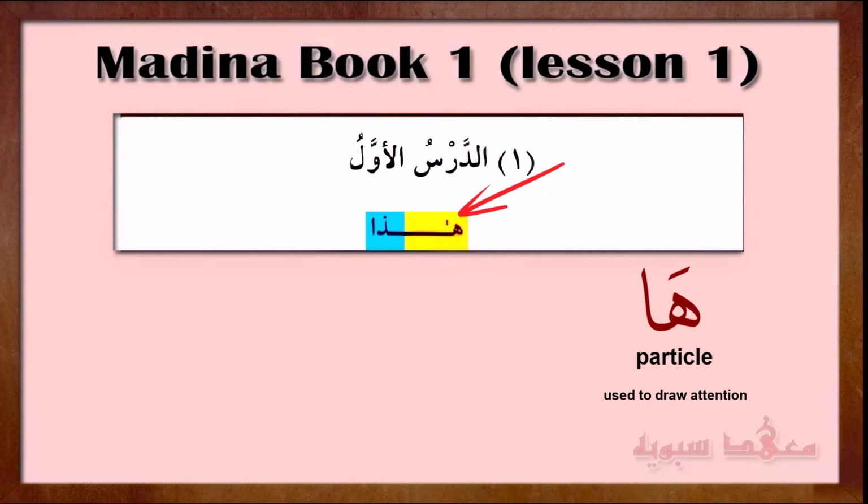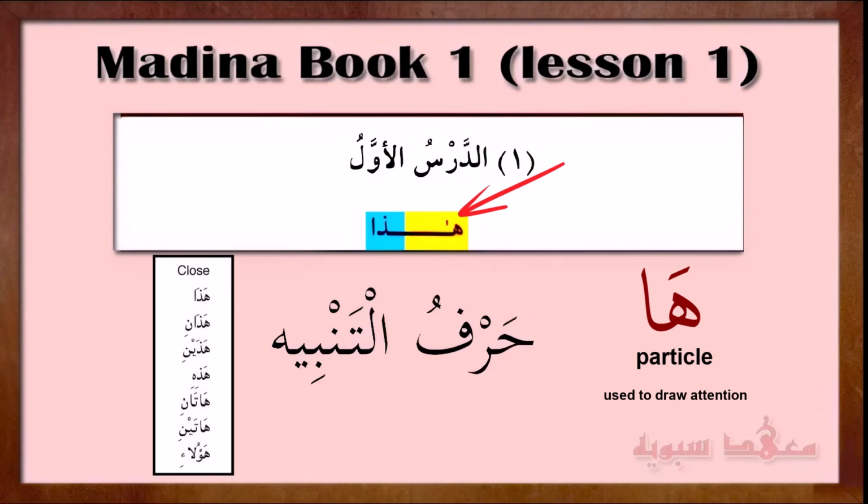It's a particle which is used to draw attention of the listener. So for example, you have something important and you want the listener to turn his attention to you. You'd use this particle here. This particle is called harfu tanbih, the particle of drawing attention. And this particle is joined to the demonstrative pronouns, the ones that refer to close distance.